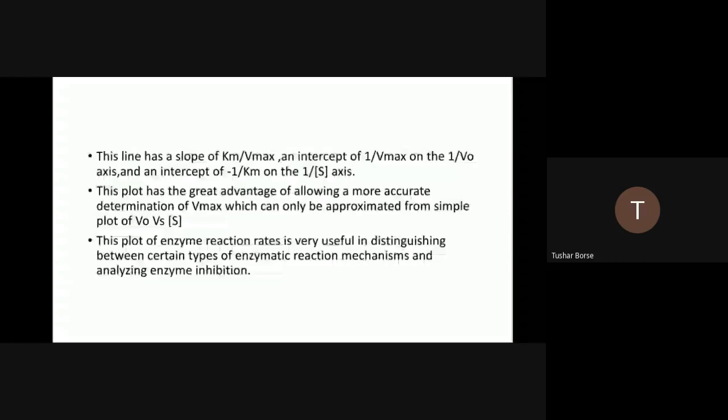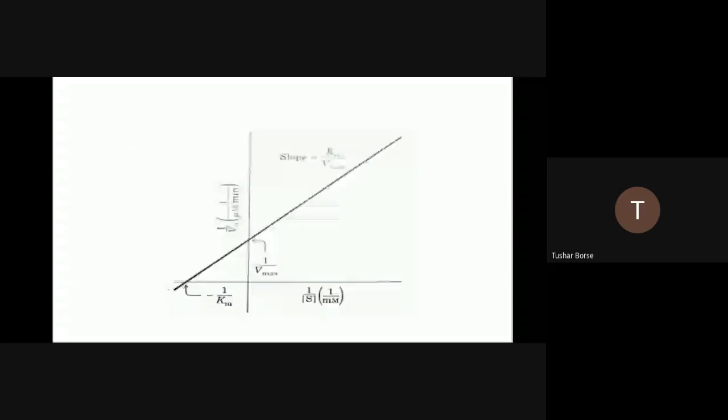So this plot of enzyme reaction rates is very useful in distinguishing between certain types of enzymatic reaction mechanisms which we have seen before, and in analyzing enzyme inhibition. Actually, I have not gone into detail for enzyme inhibition, but this is the graph they've plotted here.